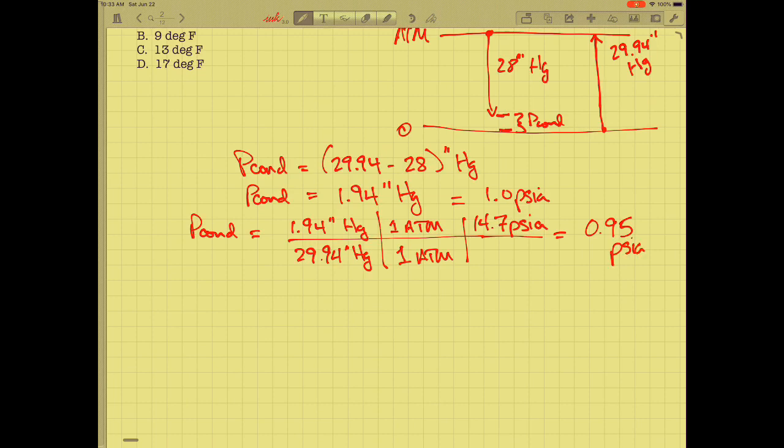So I'm going to go ahead and say that that is approximately 1 psia. So for my steam tables, I have noticed that saturation temperature at 1.0 psia is equal to 101.69 degrees Fahrenheit.